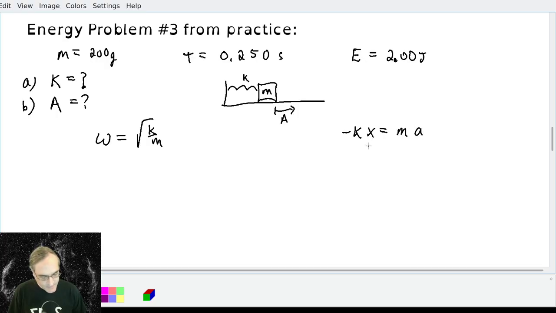Minus Kx is equal to MA, rearranging: MA plus Kx equals 0, A plus K over M x equals 0.